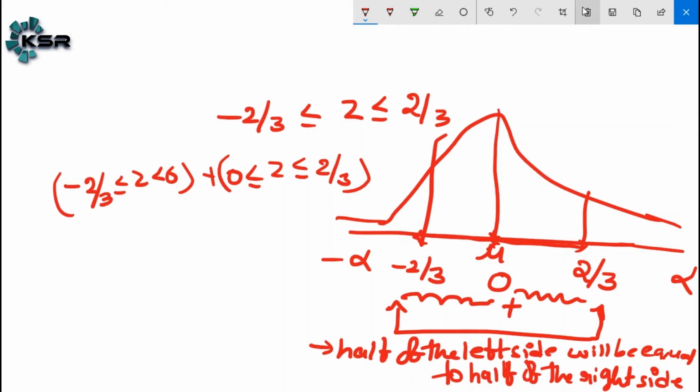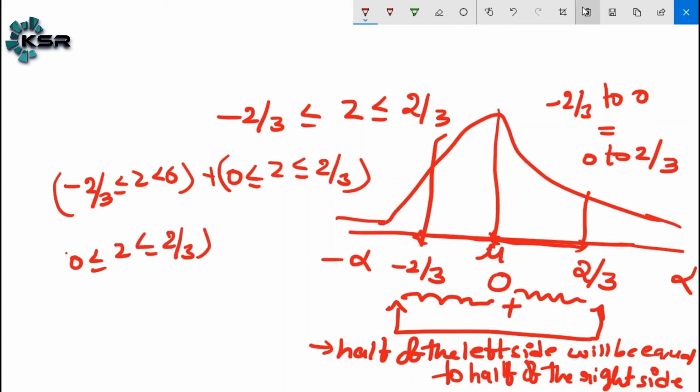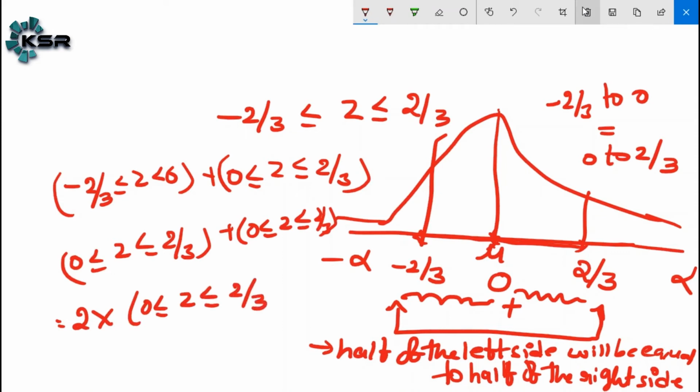Simply we can write 0 less than or equal to z less than or equal to 2 by 3, plus 0 less than or equal to z less than or equal to 2 by 3. So simply we can write 2 into 0 less than or equal to z less than or equal to 2 by 3, because I am adding the two, right? Two times of this value will be the same value.